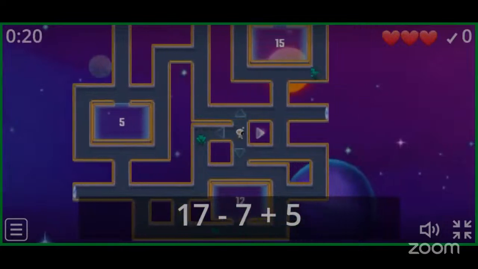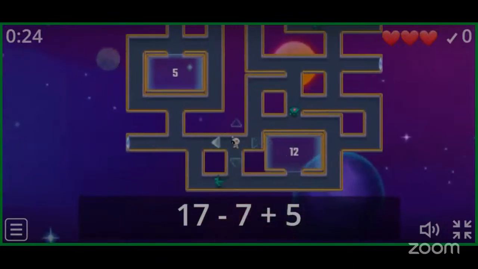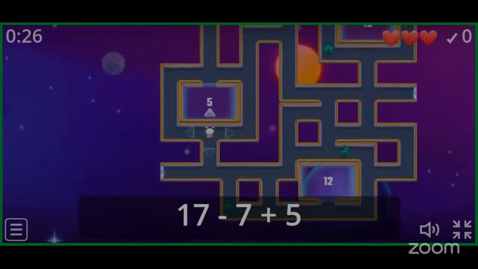Okay, so just a reminder here about this problem: 17 minus 7 plus 5. With that, we deal with the subtraction and the addition in a linear way, so from left to right.